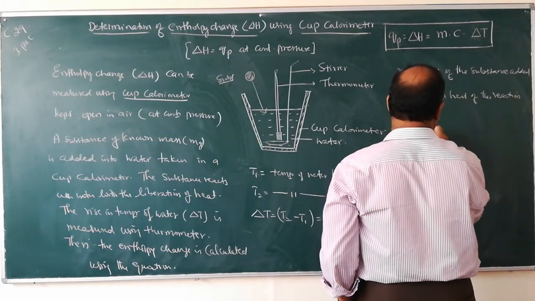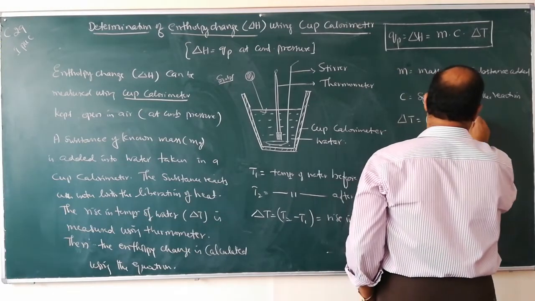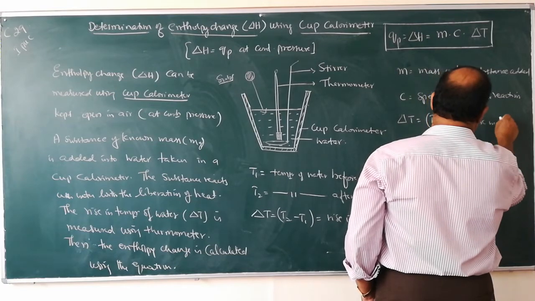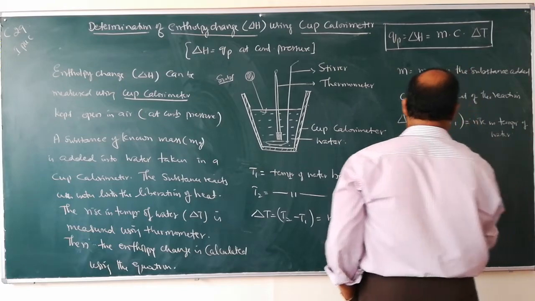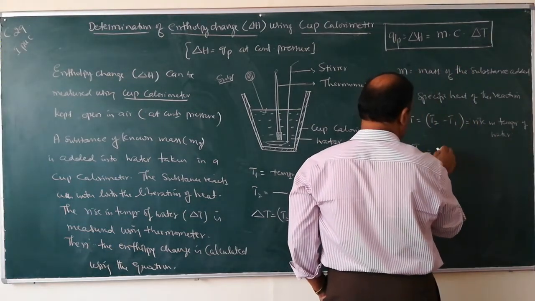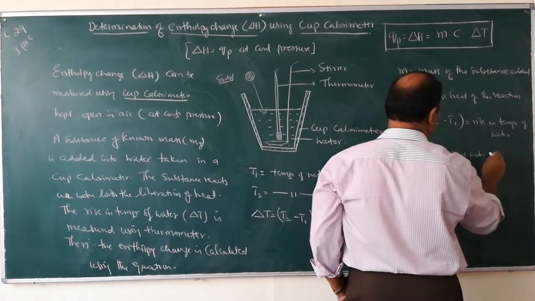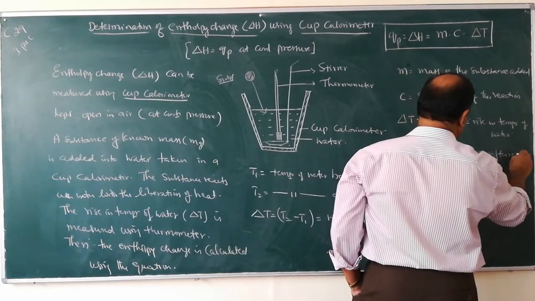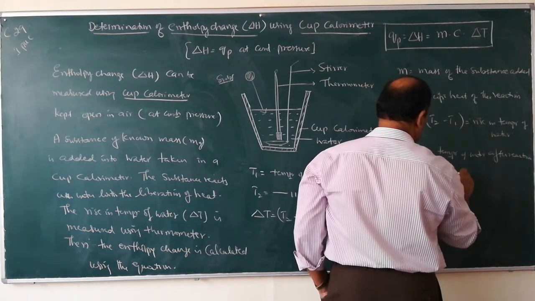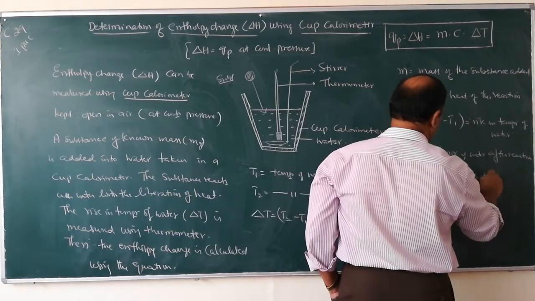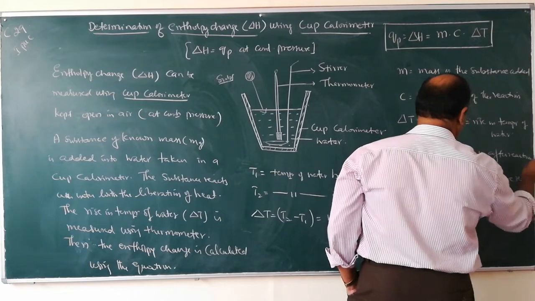Delta T is equal to T2 minus T1, that is the rise in temperature of water. T2 equals temperature of water after reaction. T1 equals temperature of water before reaction.